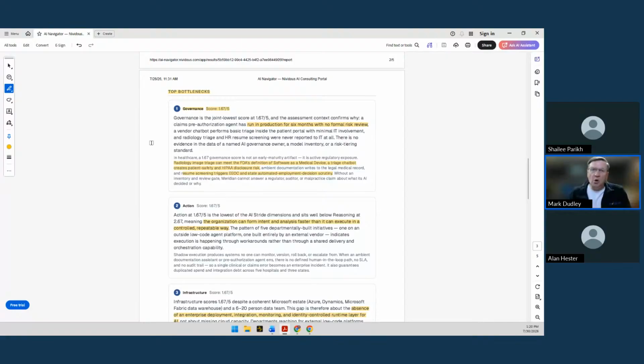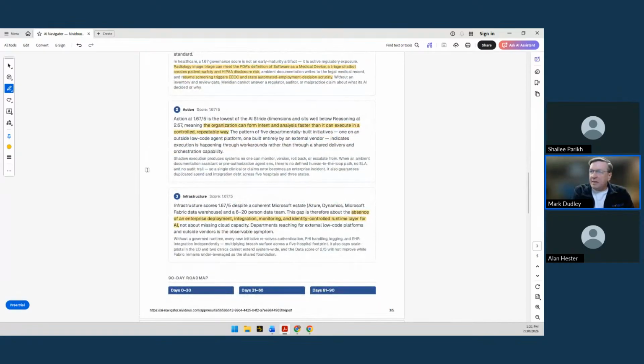So to Alan's point, as much information as you can put into this AI assessment, as much information as the AI Navigator has, that's going to highlight specific areas of opportunity for you to shore up different deficiencies within your maturity score. And the same thing can be said with the action dimension. Here, the action dimension is talking about Meridian's appetite for artificial intelligence being way faster than it can control and repeat the success that the AI solutions are having.